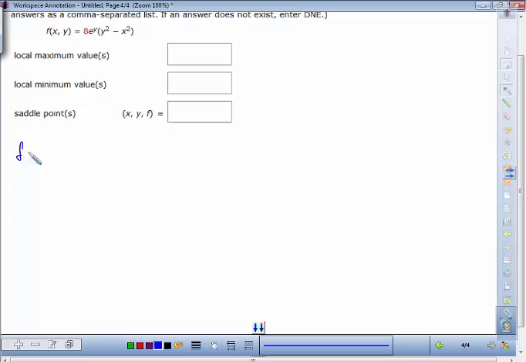So fx: the e to the y is constant, so imagine foiling this out. You'll see that the e to the y times y squared will disappear. So I just have a negative 8e to the y, and then the 2x. So let's make the 8 into a 16. So 16 e to the y times x.